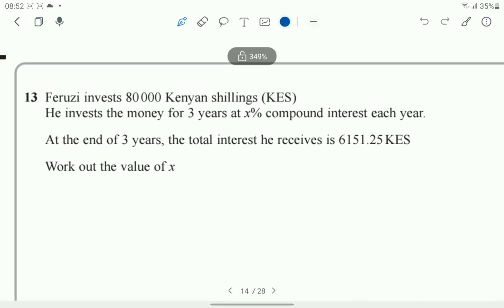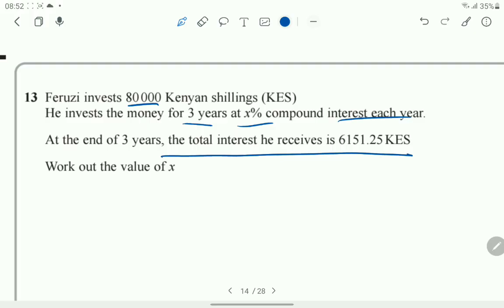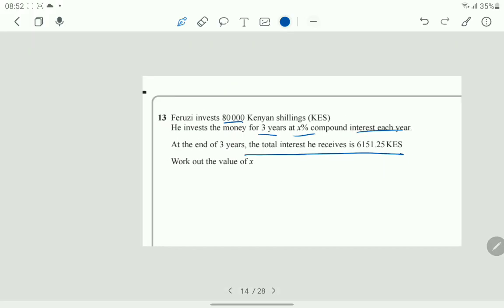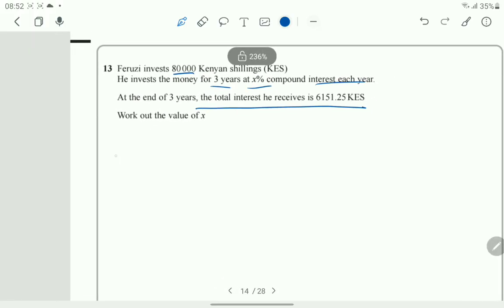Question 13. Firozi invests 80,000 Kenyan shillings. He invests for 3 years at X% interest each year. At the end of 3 years, the total interest he receives is 6151.25. So let me draw a diagram for you.